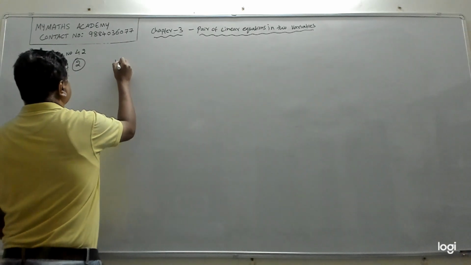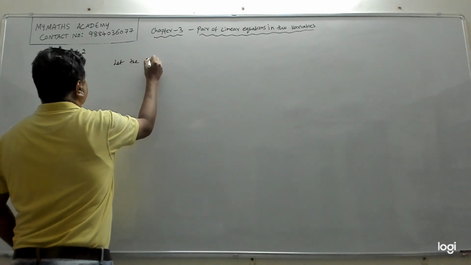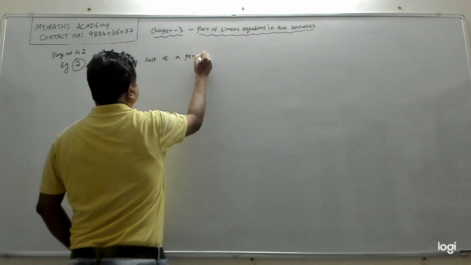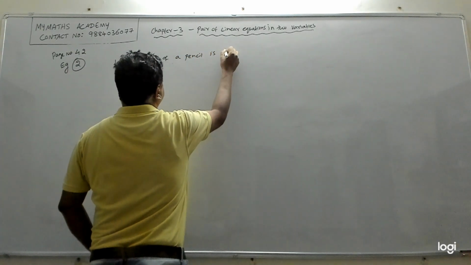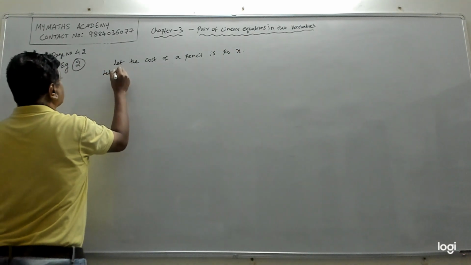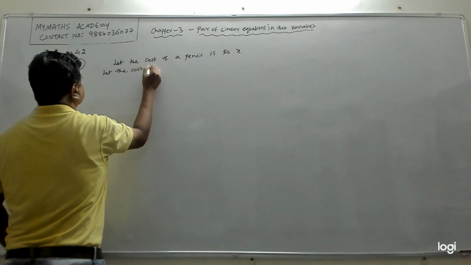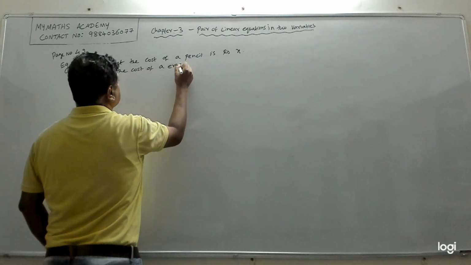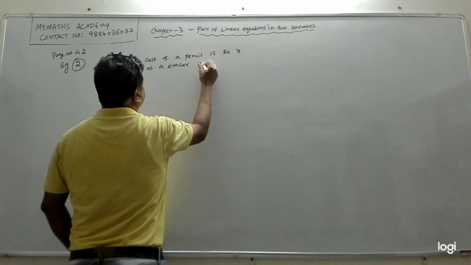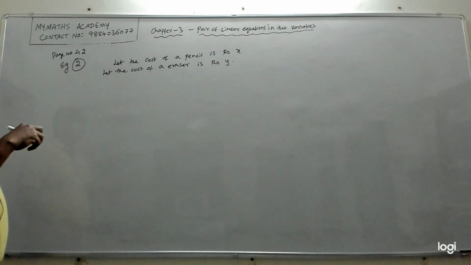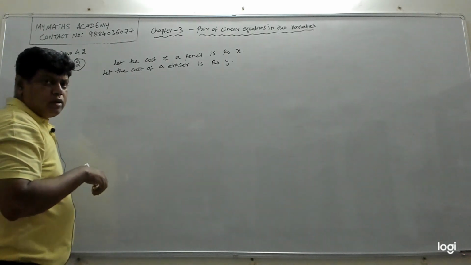Let the cost of a pencil be ₹x. Let the cost of an eraser be ₹y. So the cost of a pencil is x, and the cost of an eraser is ₹y.